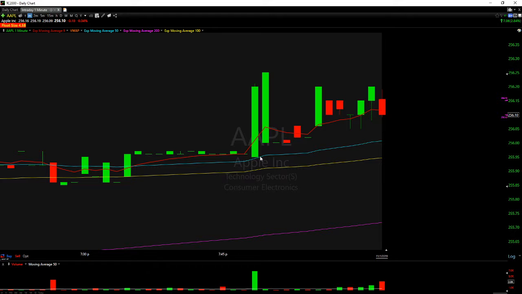Because the 50 moving average served as support, meaning the price hit here and bounced. The 50 moving average was strong enough that the price bounced and went all the way up. It served as support.